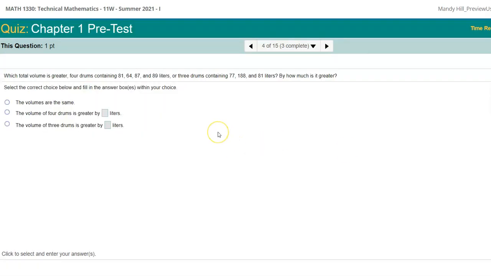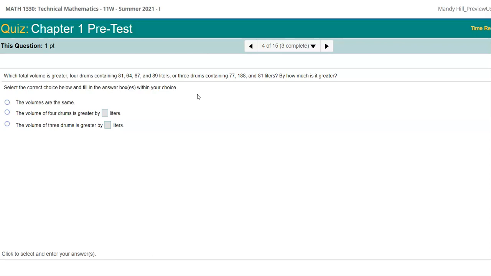Okay. Which total volume is greater? 4 drums containing 81, 64, 87, and 89 liters. So we would need to add those up: 81 plus 64 plus 87 plus 89. That gave me 321.